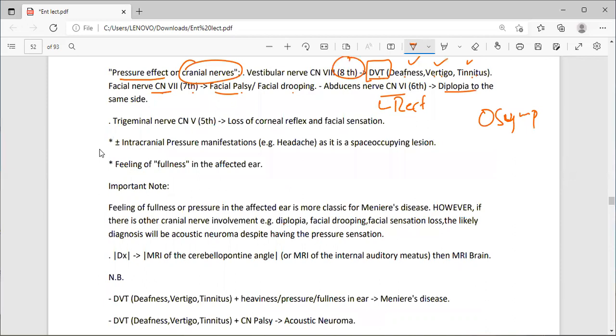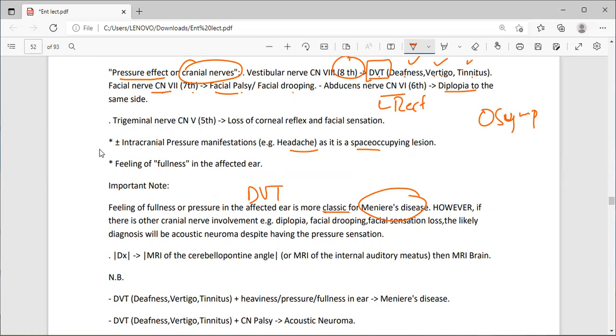There will be trigeminal, fifth nerve involvement, loss of the corneal reflex and facial sensation, intracranial pressure manifestation. There will be headache and space occupying lesion. Feeling of fullness in the affected ear. Important: feeling of fullness or pressure in the ear is a more classic sign of Meniere disease. I told you, DVT.